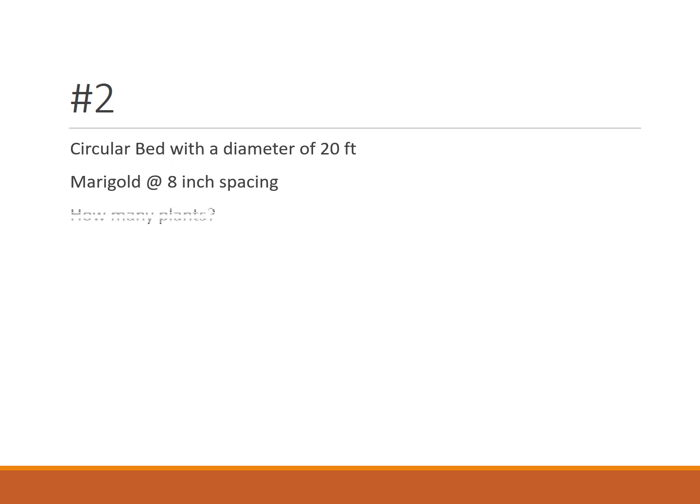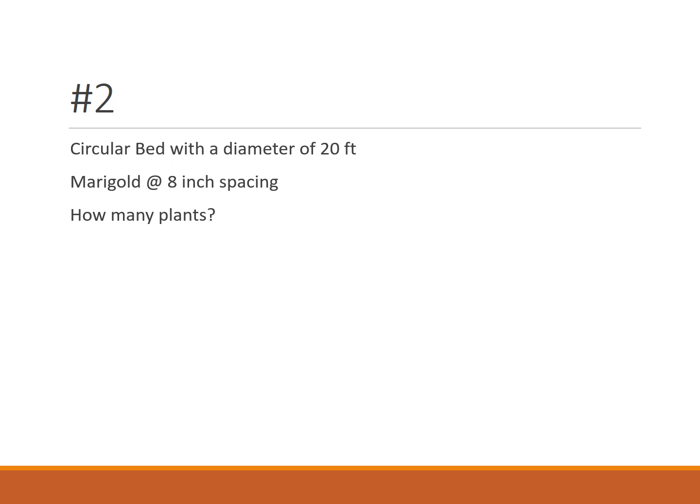Problem number 2. You have a circular bed with a diameter of 20 feet. You want to plant marigolds in the bed at a spacing of 8 inches. How many plants would you need to fill up that circular bed with marigolds spaced 8 inches apart?